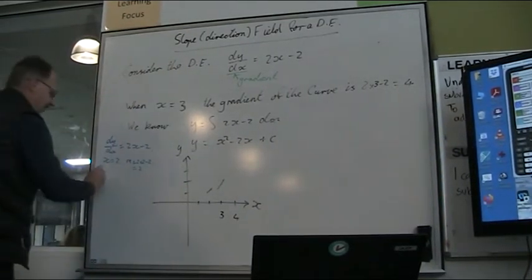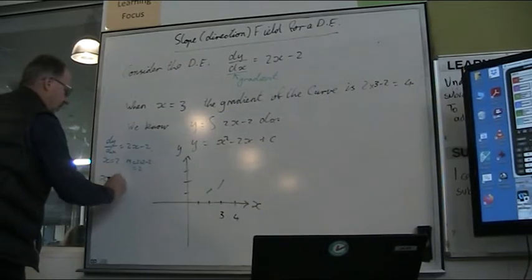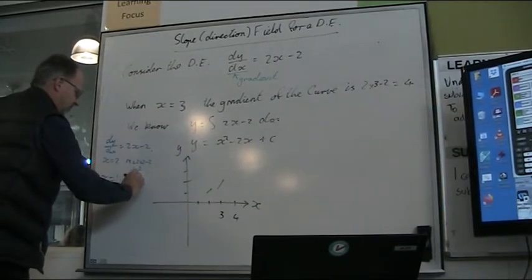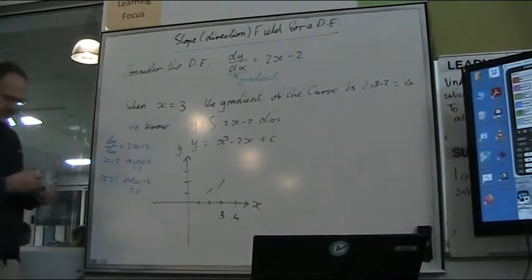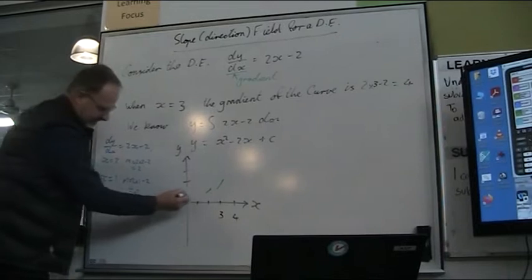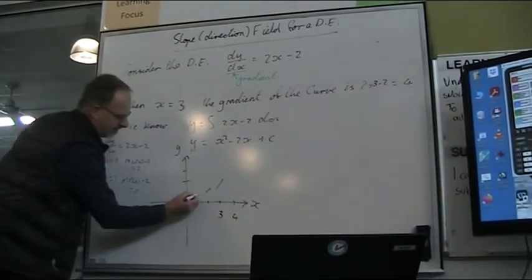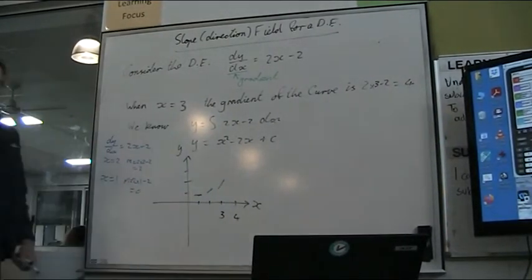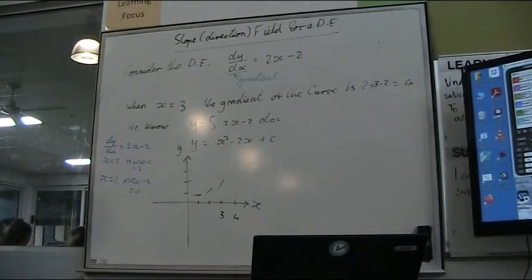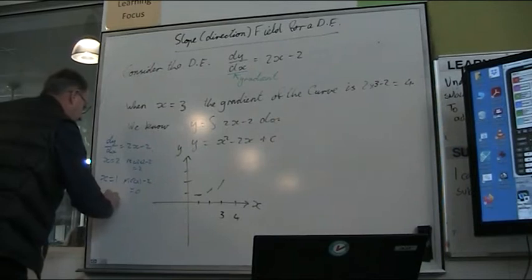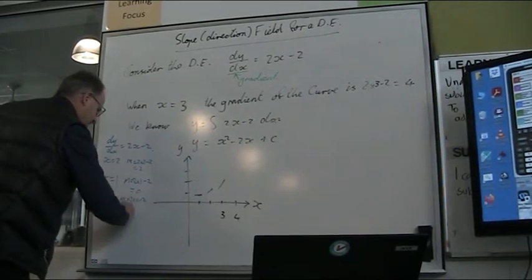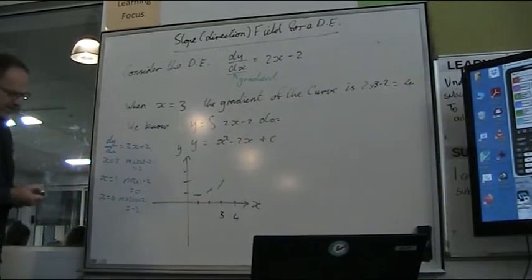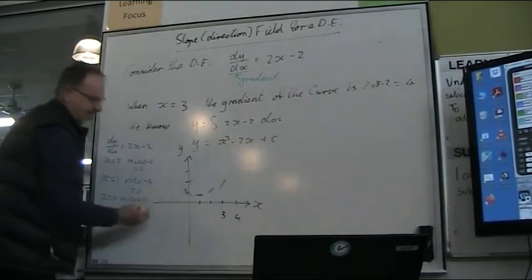And then if I went to x equals 1, the gradient would be 2 times 1 minus 2, which is 2 minus 2, which is 0. And so it would have a gradient of 0, so it would be flat there. And then we could, again, put x equals 0. And so the gradient would be 2 times 0 minus 2, so it would be negative 2. So we know here the gradient's there.